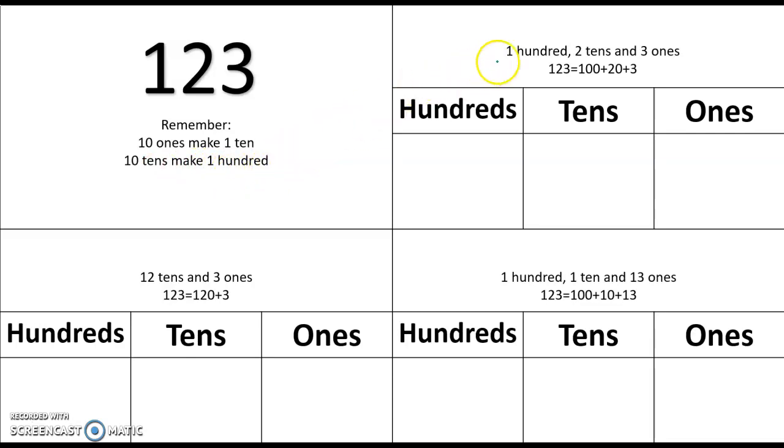So the easiest way to make 123 is by doing 100, 2 tens, and 3 ones, because that's what each place value shows. 1 in the hundreds, 2 in the tens place, and 3 in the ones place. So we have 123, or 100 plus 20 plus 3.